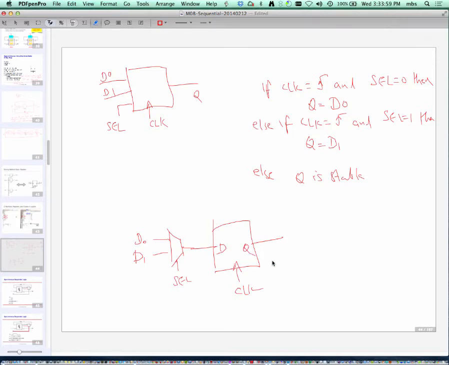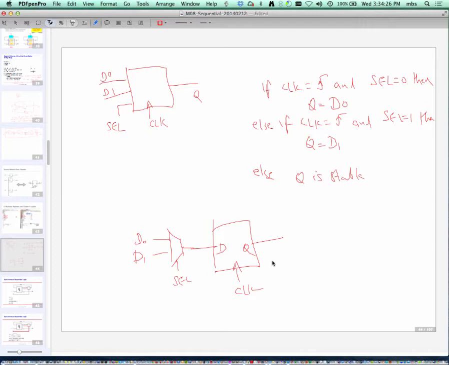Okay, so what's happening out here is that at the clock tick, the output of this mux is what I'm going to put into the flip-flop, and the output of that mux is D0 or D1 depending upon the select setting. So muxes together with flip-flops can let you now have this sort of conditional storage capability.